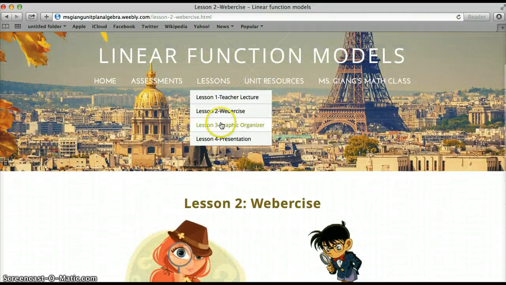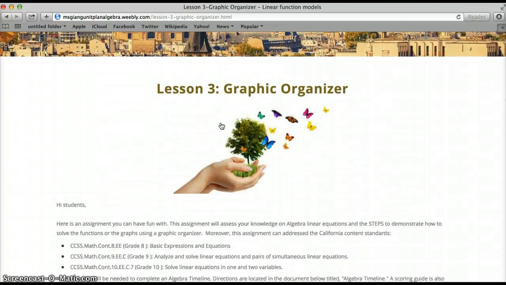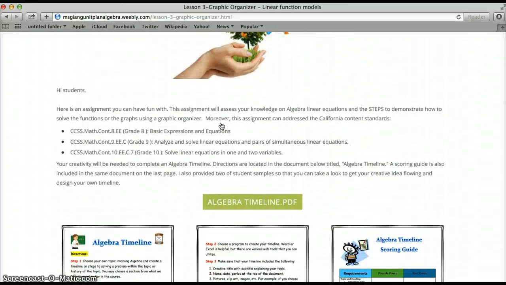And then lesson 3 is the graphic organizer, and this assignment is a huge project and has the most points for your class, which is Algebra linear equations. The steps must demonstrate how to solve the function or the graph using a graphic organizer.